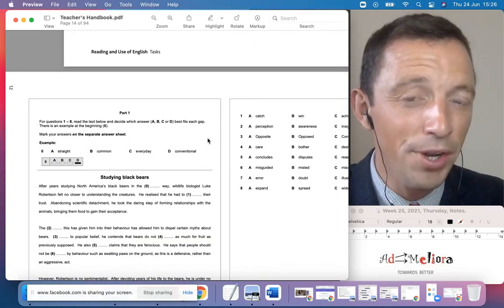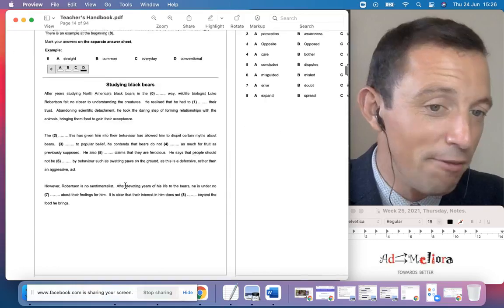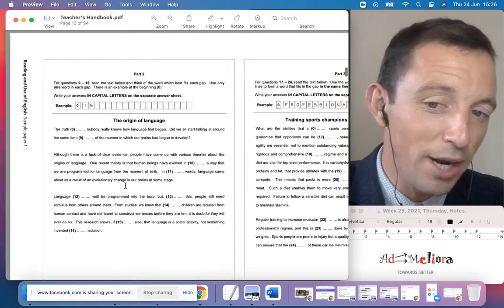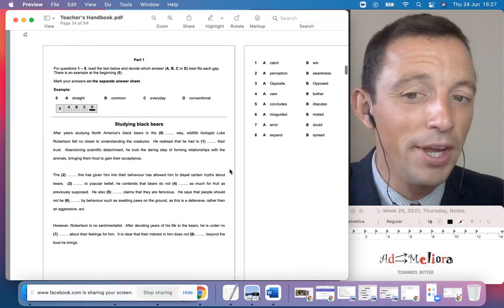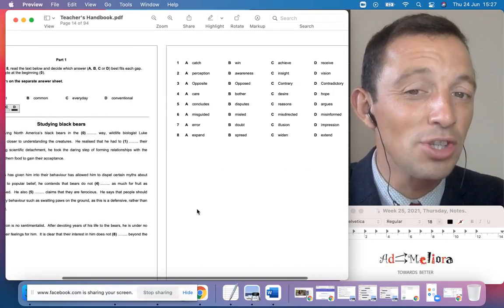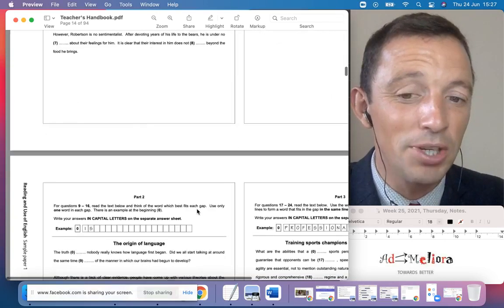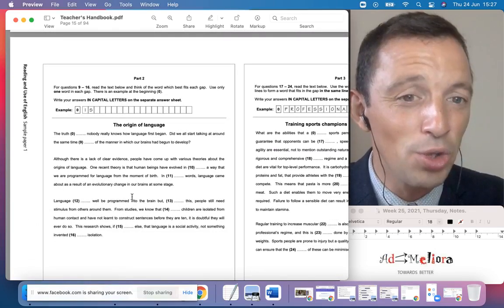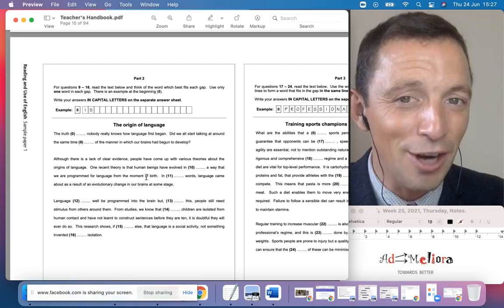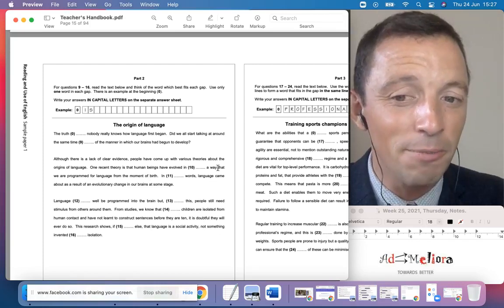Here is part 1. They have a full test, part 1, part 2, part 3. Okay, so you can see the structure. You have the article in part 1, and you have the options. So you need to select the correct option. Part 2, you have an article, but you have no option, no choice. So you need to select the correct word from your memory, from your vocabulary.